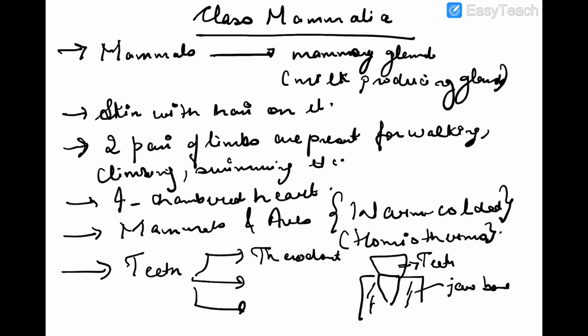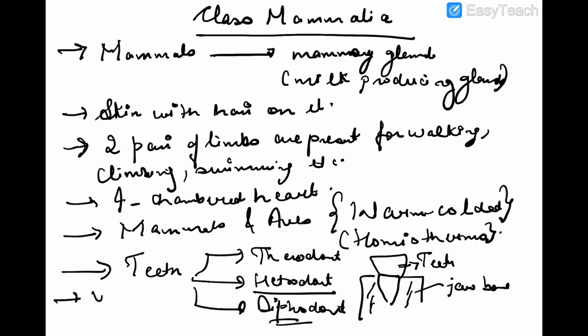Then the teeth are heterodont, which means we have different types of teeth, which are incisors, canines, molars, and premolars. And then teeth are diphyodont, which means there are two sets of teeth which are permanent teeth and milk teeth.